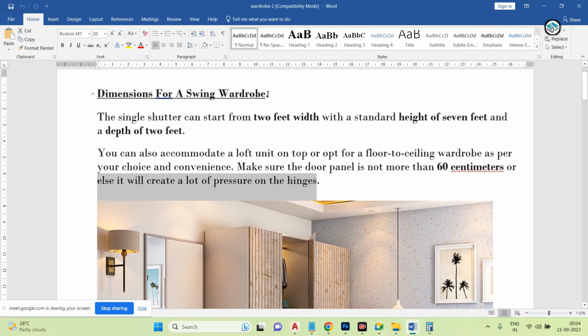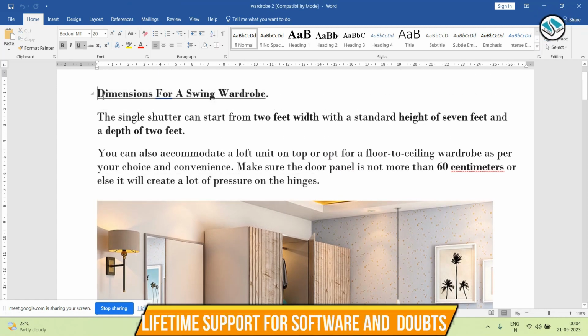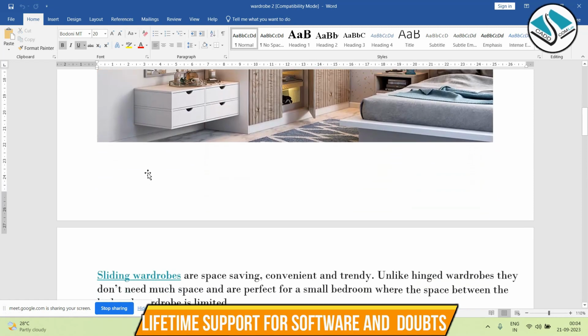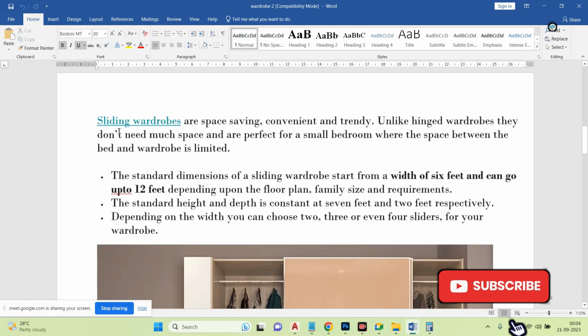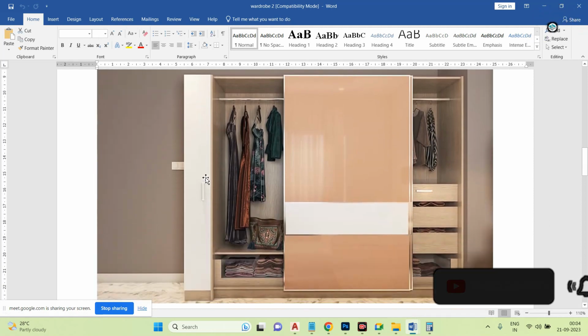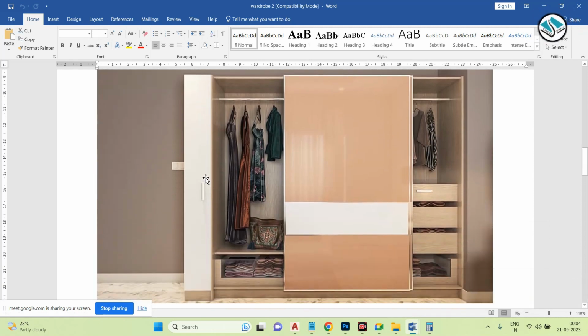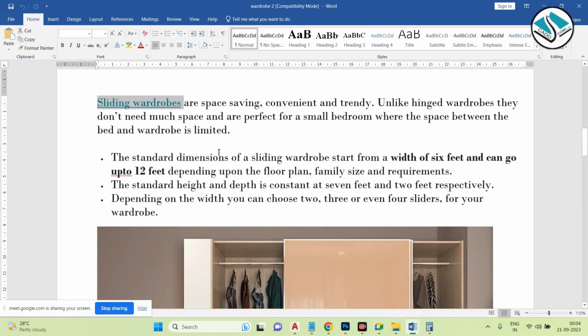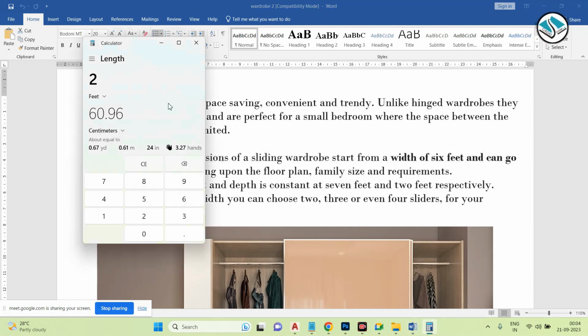We are talking about the swing wardrobe. Okay, sliding wardrobe. This one is a sliding wardrobe. The standard dimension of a sliding wardrobe starts from a width of 6 feet and goes up to 12 feet.